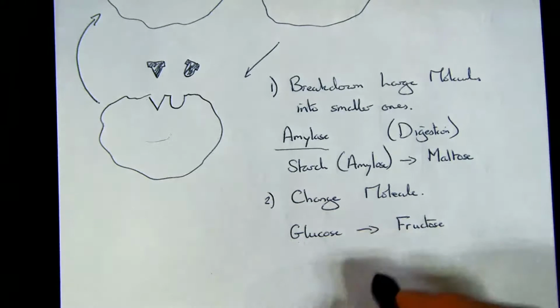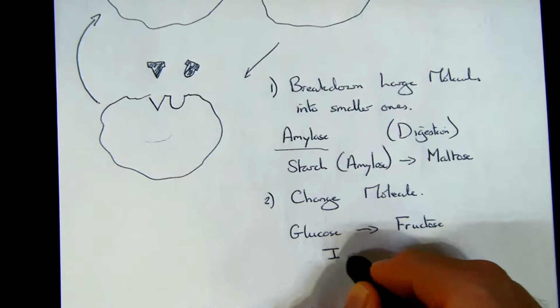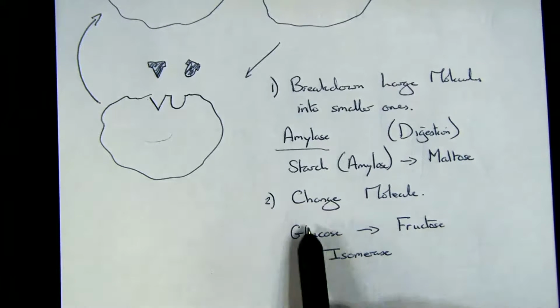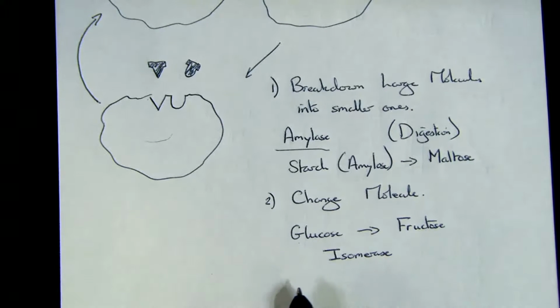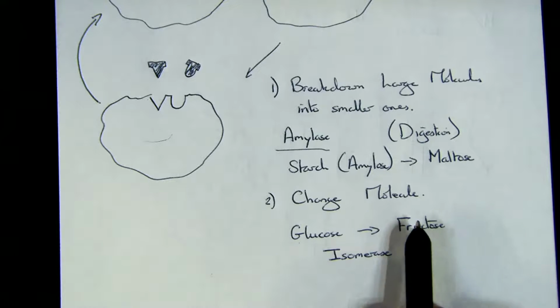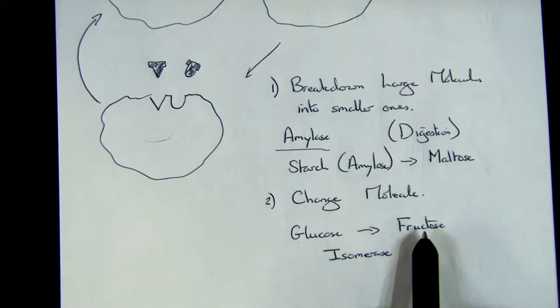And there's a new enzyme called isomerase. And isomerase does that. Now, if you were to buy glucose, it's relatively cheap. If you want to buy fructose, it's relatively expensive. It's fruit sugar.